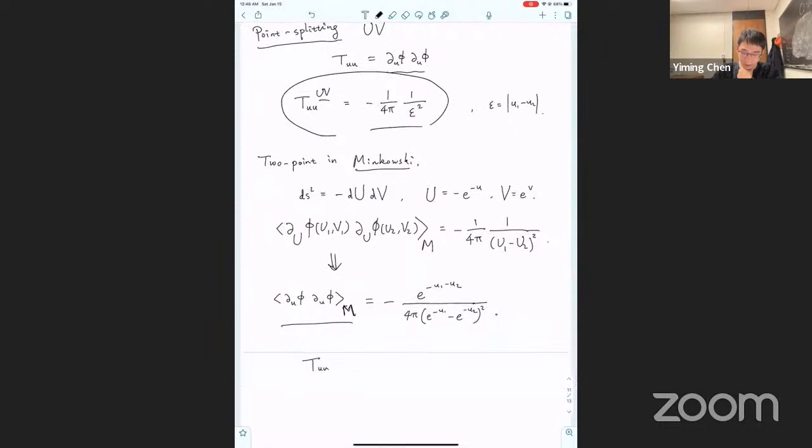So in the end, the renormalized T_uu will be given by the limit of u1 goes to u2 of this expression here, minus this expression there, which is 1 over 4 pi (u1 minus u2) squared.